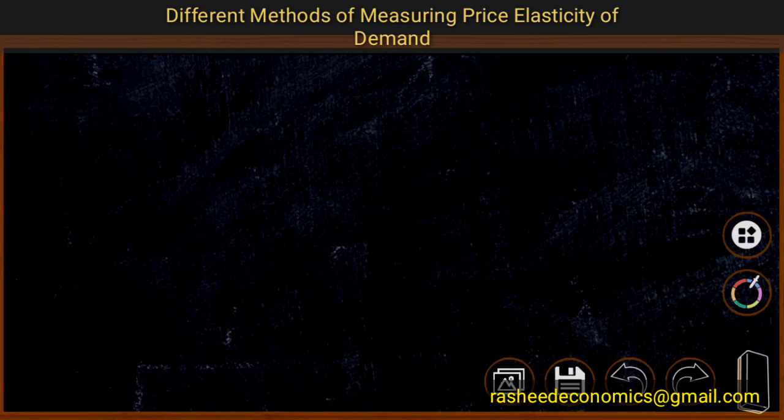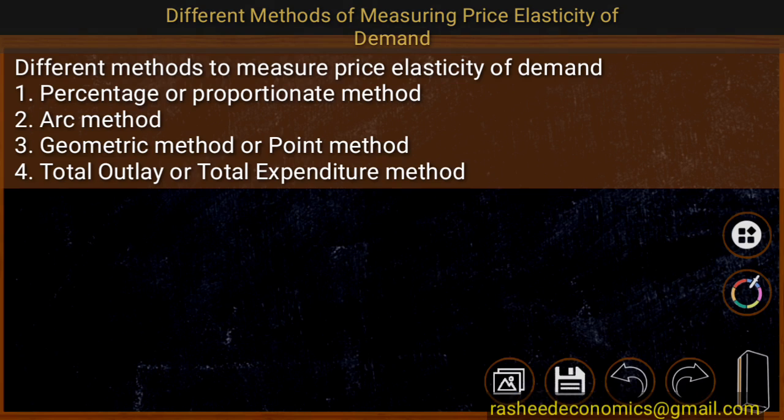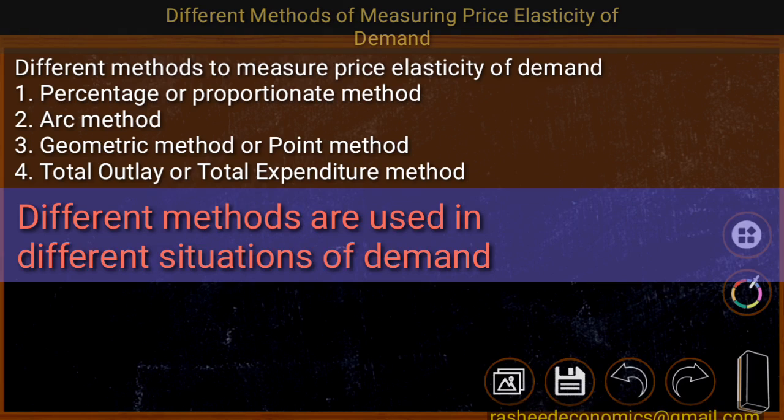Thus, we have analyzed different methods to measure price elasticity of demand. They are the proportionate percentage method, arc method, point method, and total expenditure method. Different methods of measuring elasticity of demand are used in different situations and based on the available data related to price and quantity demanded.